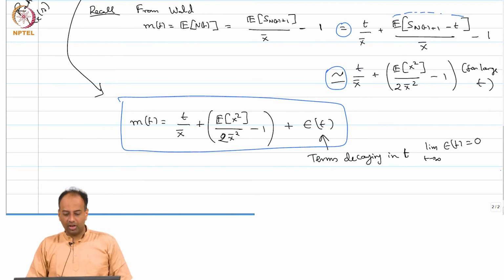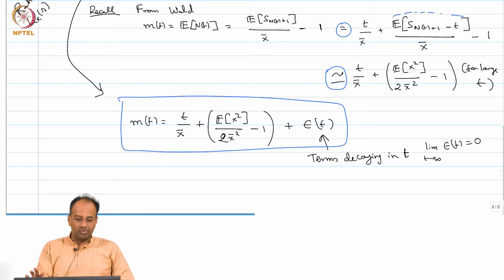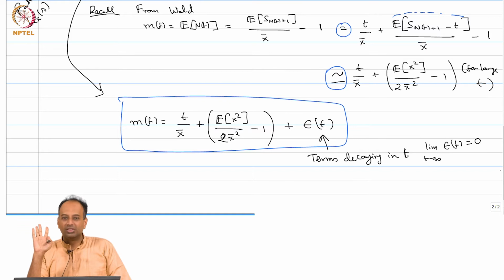So, here you already see that we have gotten, using the renewal equation, taking its transform and analyzing the transform, right. If you take m t over t, it is clear that m t over t is going to 1 over x bar, because these epsilon t terms are dying anyway, and you have a constant over t which will go to 0.